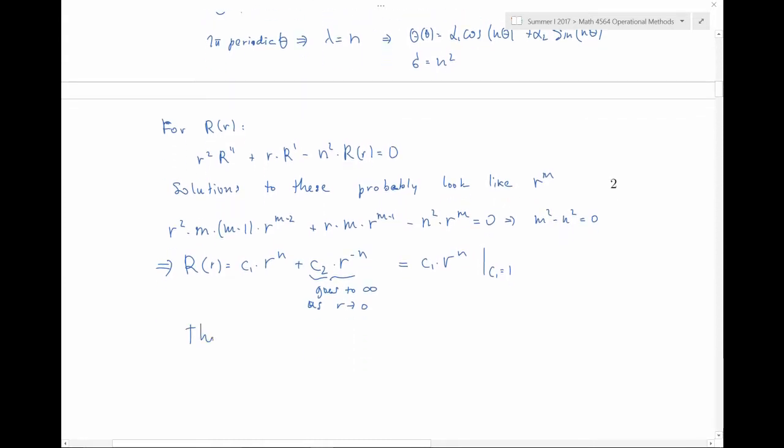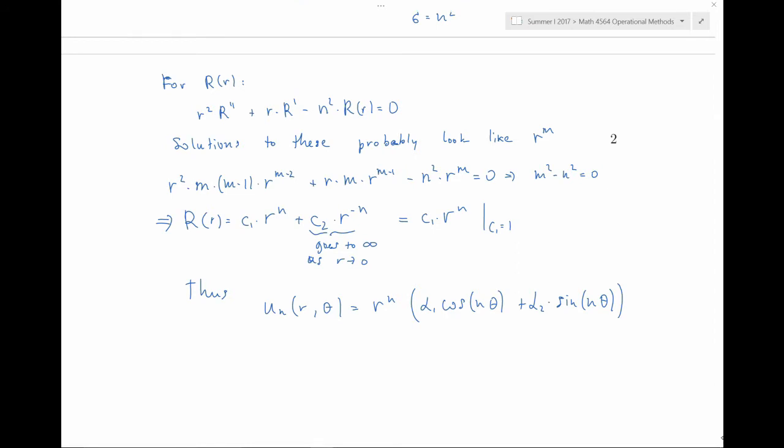Thus, making the building block solutions being r to the power n times alpha 1 times cosine of n theta plus alpha 2 times sine of n theta.